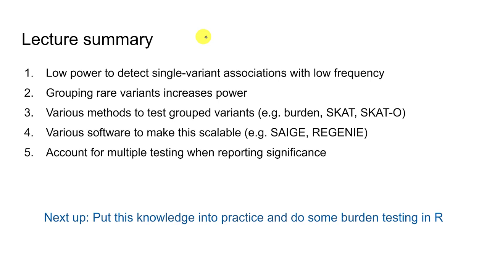So the burden tests or the different types of variance component tests, and then also the hybrid tests, which combine both the burden testing and the variance component tests. There are different software packages that you can use to do this burden testing at scale. And then it's also important to account for multiple testing when you're evaluating whether a gene is significant.